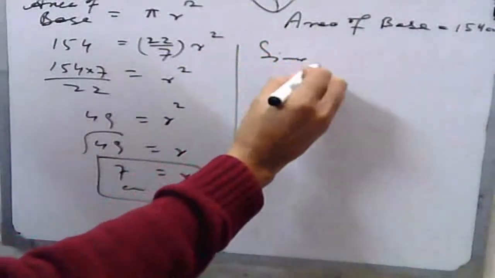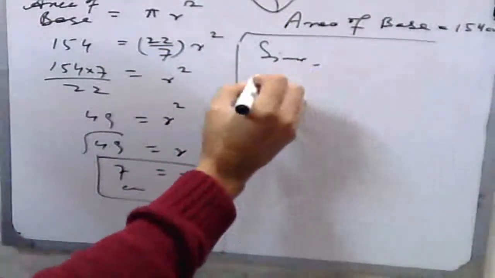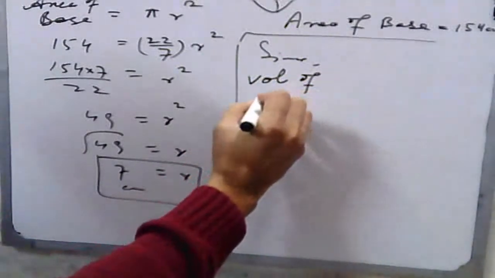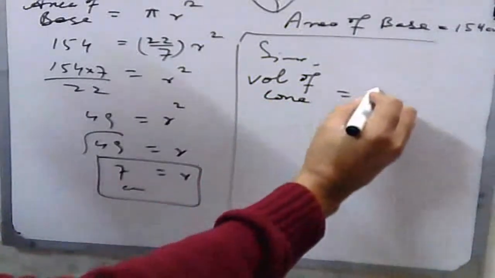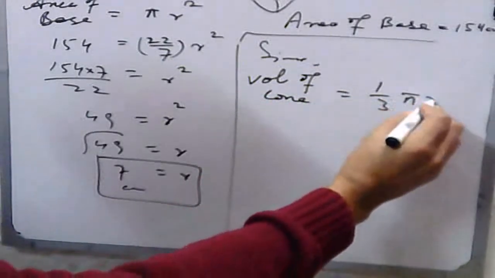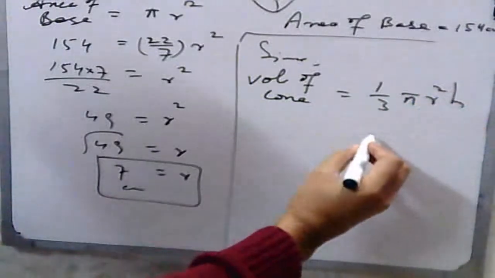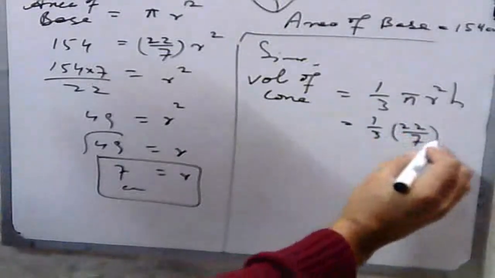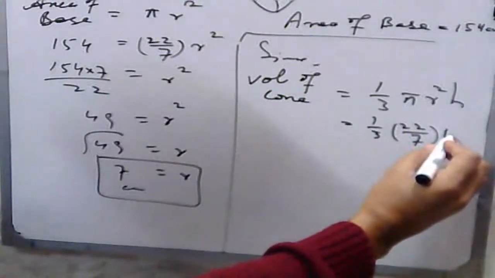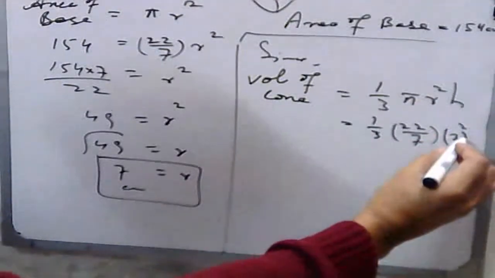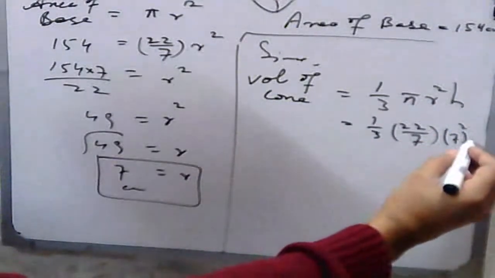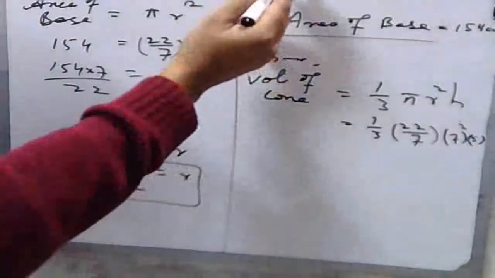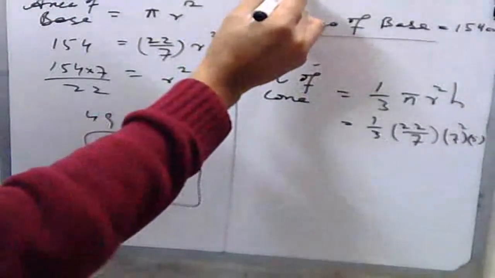Since volume of cone is equal to 1 by 3 pi r square h. So putting the values, 1 by 3, the value of pi is 22 by 7, the value of r is 7, which you have just calculated, and the height is 5 centimeter, which is given to us in your figure. So it means that is your h.